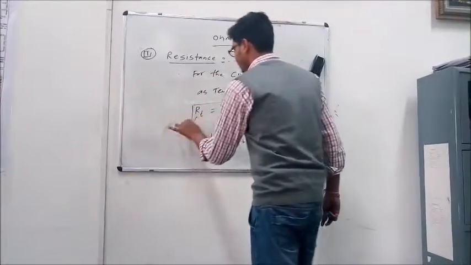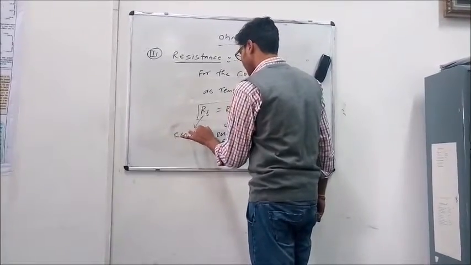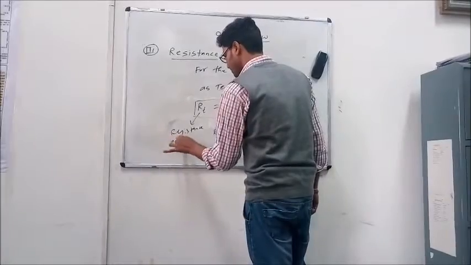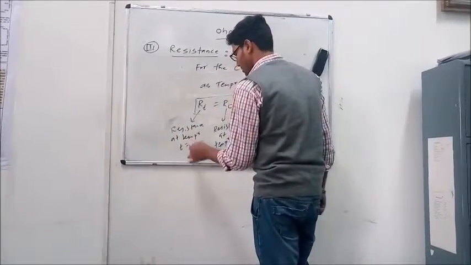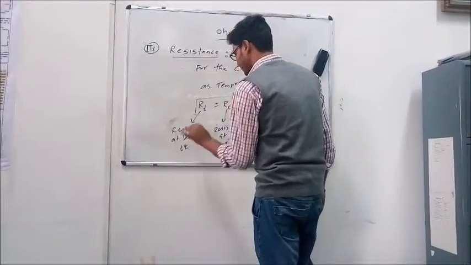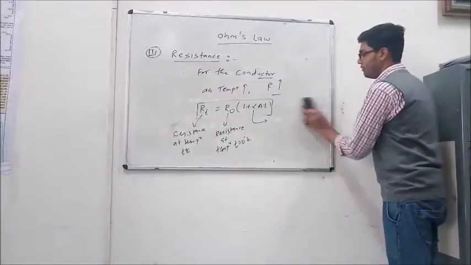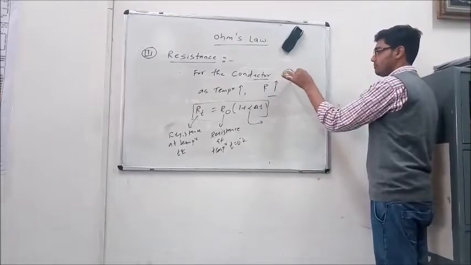This is the resistance which we can calculate by using this formula. R_t is the resistance at temperature T equal to T Kelvin.